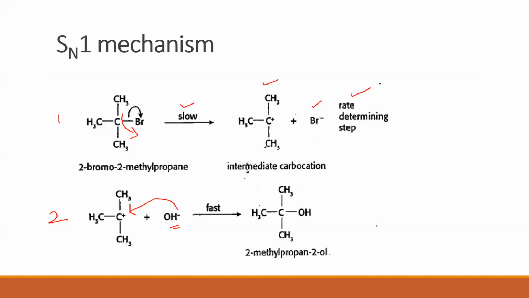Now, when I look at the product here, have the positions of these groups changed compared to the reactant? No. So if this was the position before, after, it is the same position. In the previous case in SN2, the nucleophile attacked from the back side. Hence, it was attached to the carbon on the opposite side of the halogen.